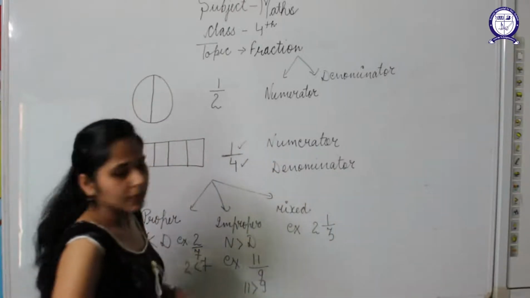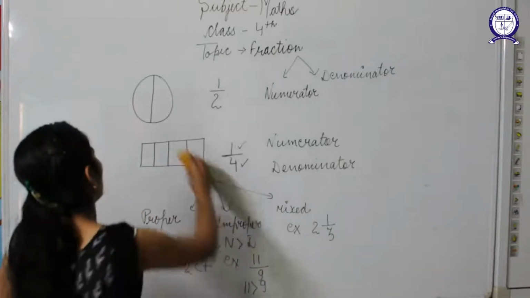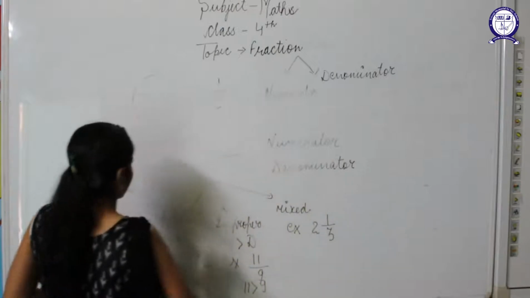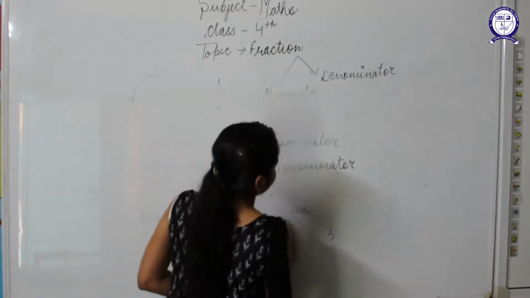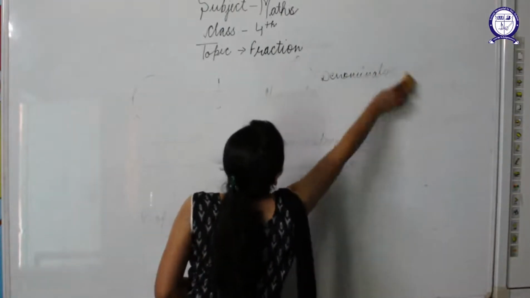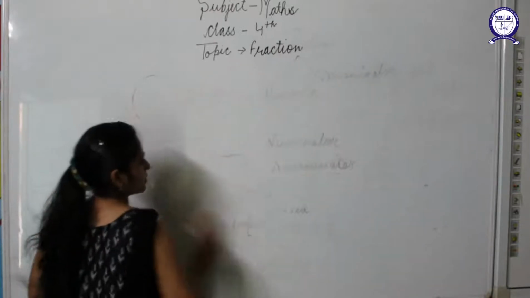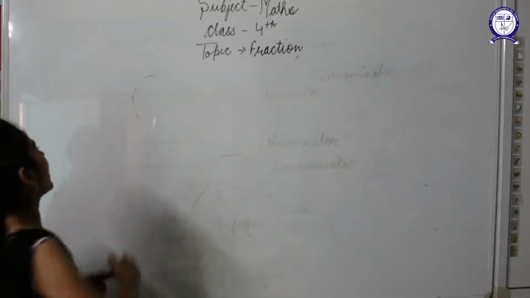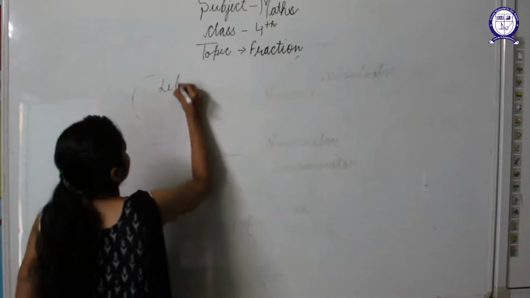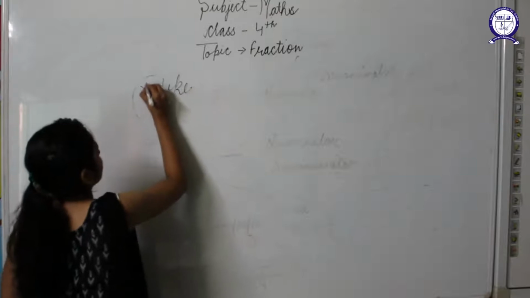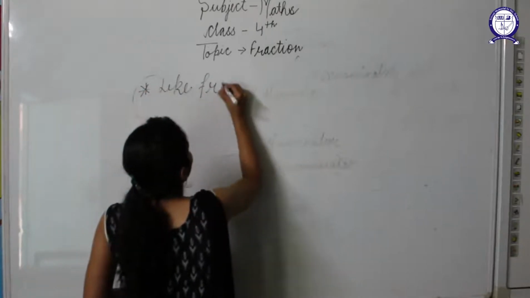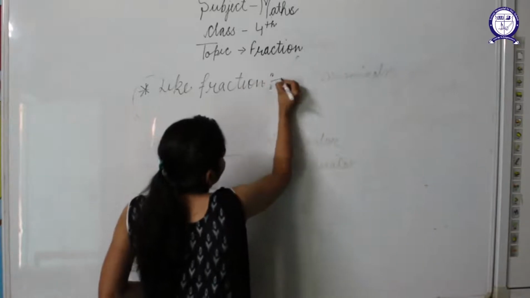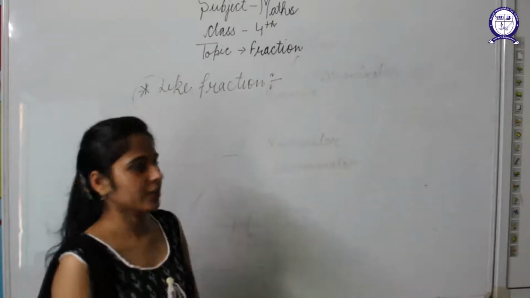Now depending upon denominator, we are having 2 other types of fraction. These are like fractions and unlike fractions. For like fraction, two or more fractions which are having same denominator will be considered as like fraction.